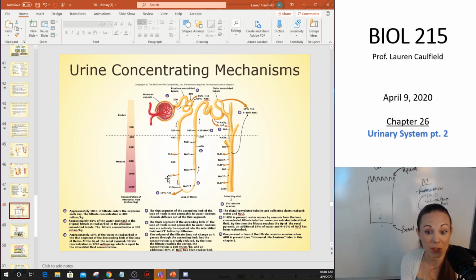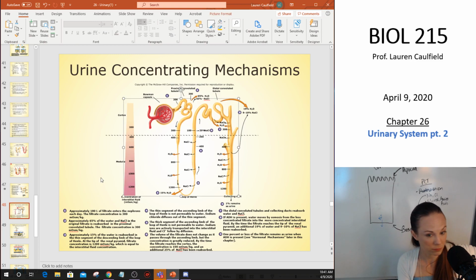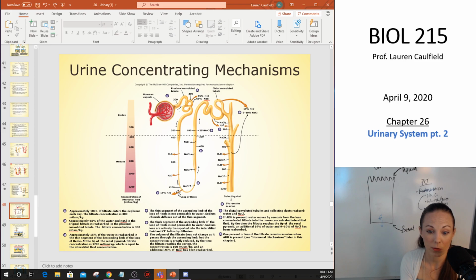And we are going to continue to move water out until we have equalized the concentration between the filtrate that's in the lumen of the tube and the concentration of the solutes in that interstitial fluid. So we're going to keep moving water out until we have reached an equilibrium.